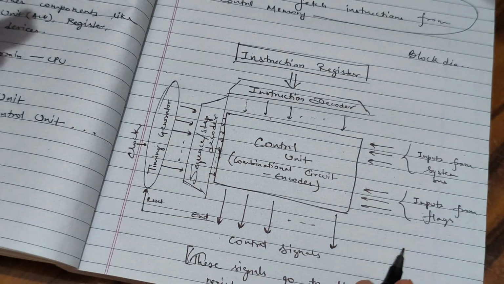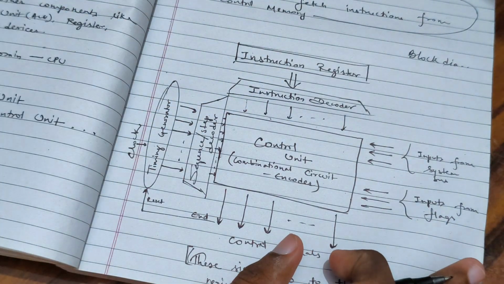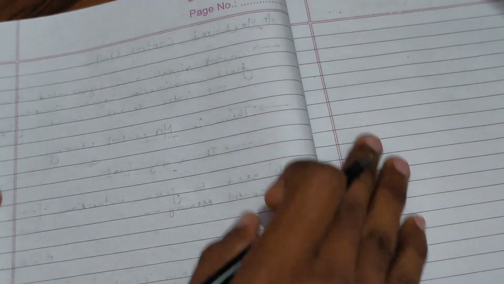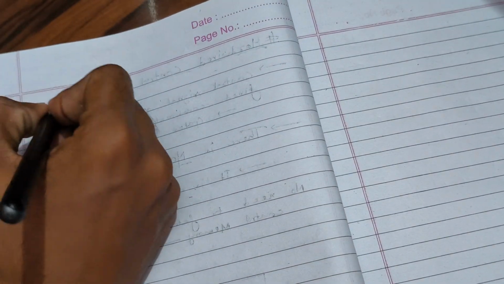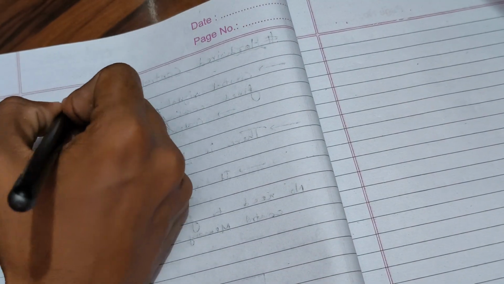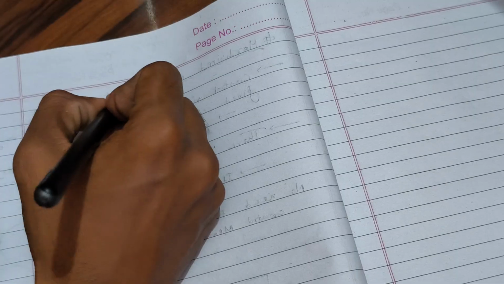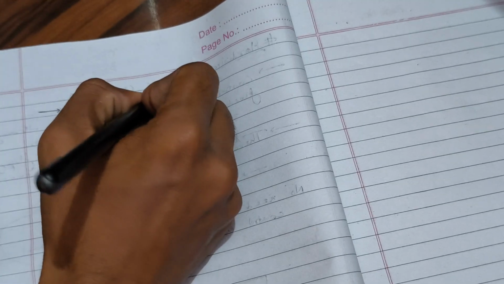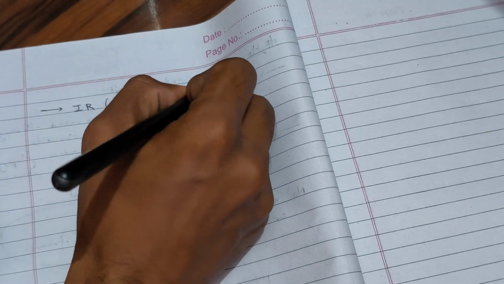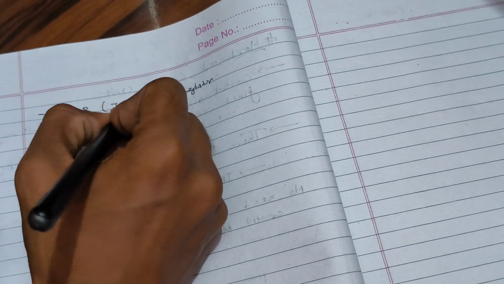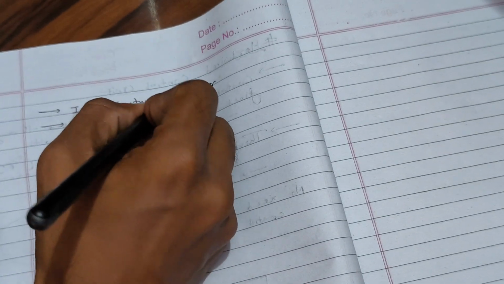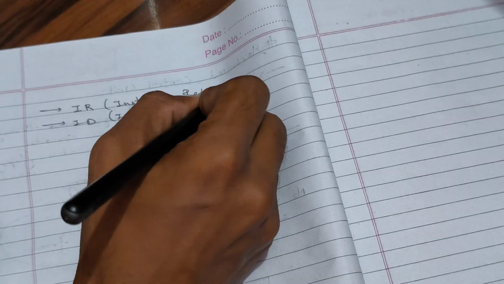Now let us understand these functions step by step. First of all, let me list down all the parts which are used within the hardwired control unit. First was an IR, instruction register, then an ID, instruction decoder.